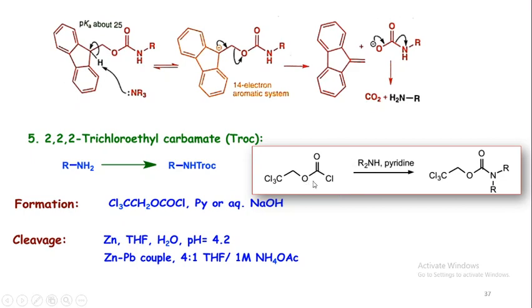This is the simple reaction in which trichloroethyl chloroformate is reacted with this amine in presence of pyridine base, and this is the trichloroethyl carbamate. This is the protected form of RNH2 into RNH-TROC.